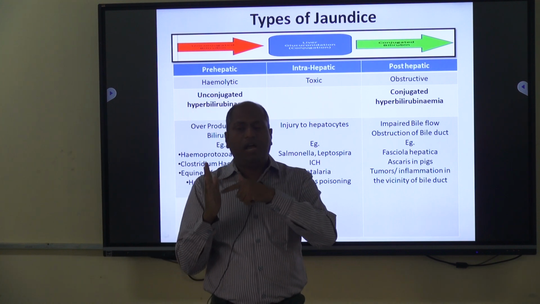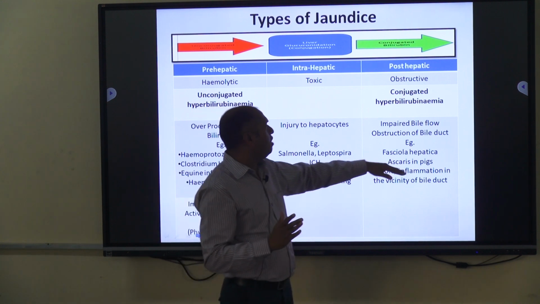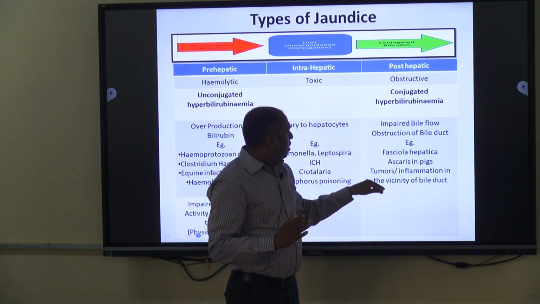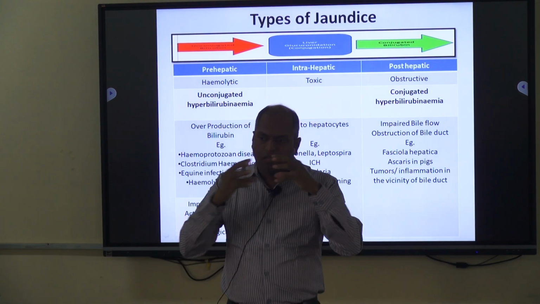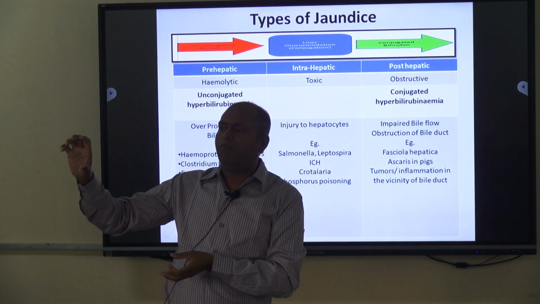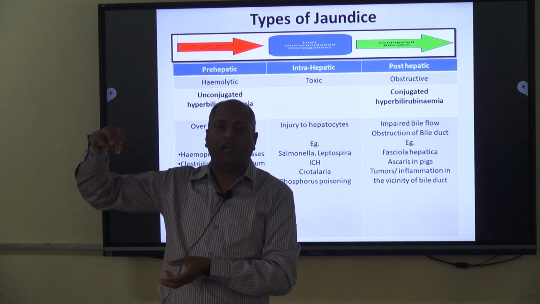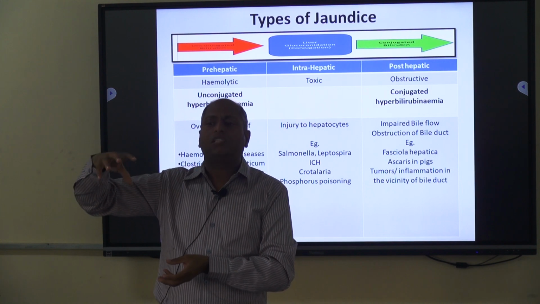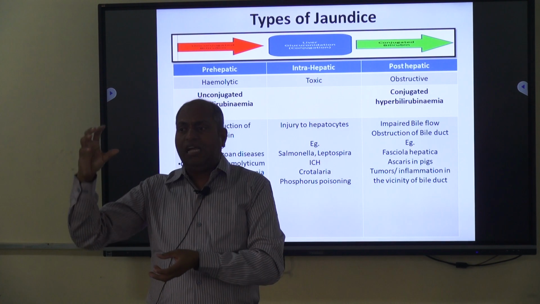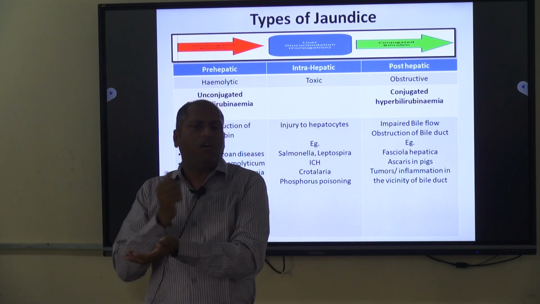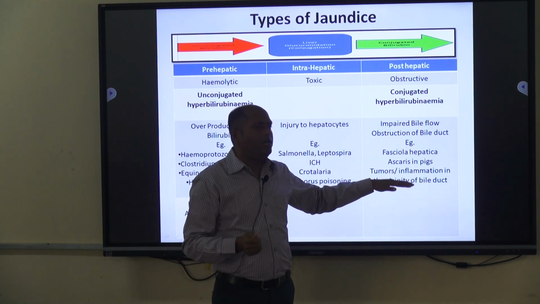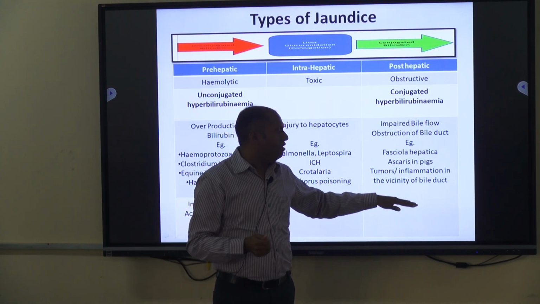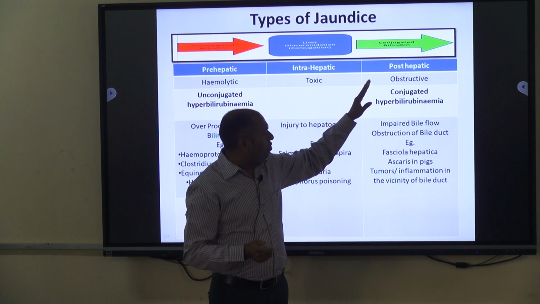So bile flow is obstructed and there is an increase in bile pigments. The third one is tumors and inflammation in the vicinity of the bile duct. Suppose there is a bile duct and in its vicinity there is an inflammatory swelling, or an abscess, or a tumor. It can cause pressure on the bile duct, so again the flow of bile is impaired, and there is an increase of bile.